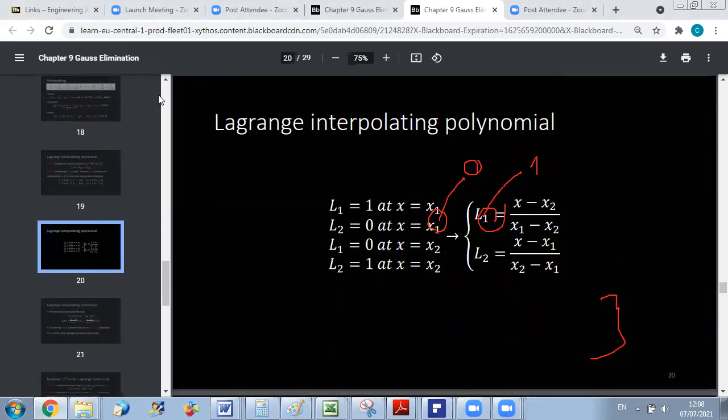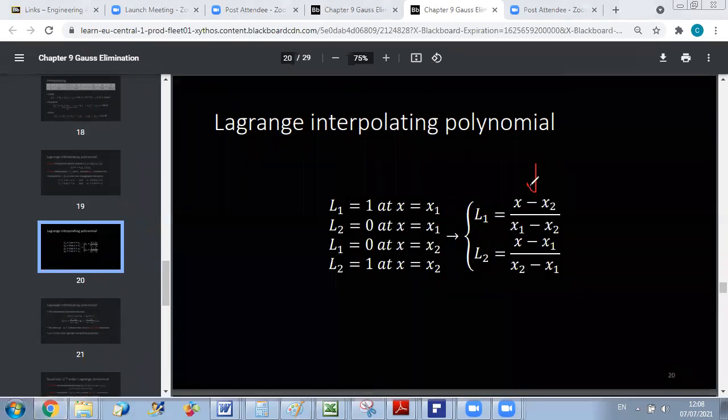According to this definition, I can come up with the following form for my operators. For L1, I will define it as a linear function of x, such that L1 is (x minus x2) over (x1 minus x2). Let us verify together that L1 satisfies the conditions. The first condition is that L1 should be equal to 1 at x equal to x1.